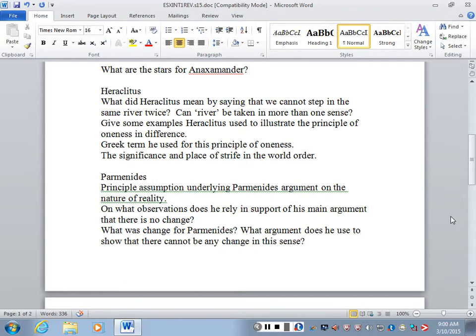So, the significance and place of strife in the world order.